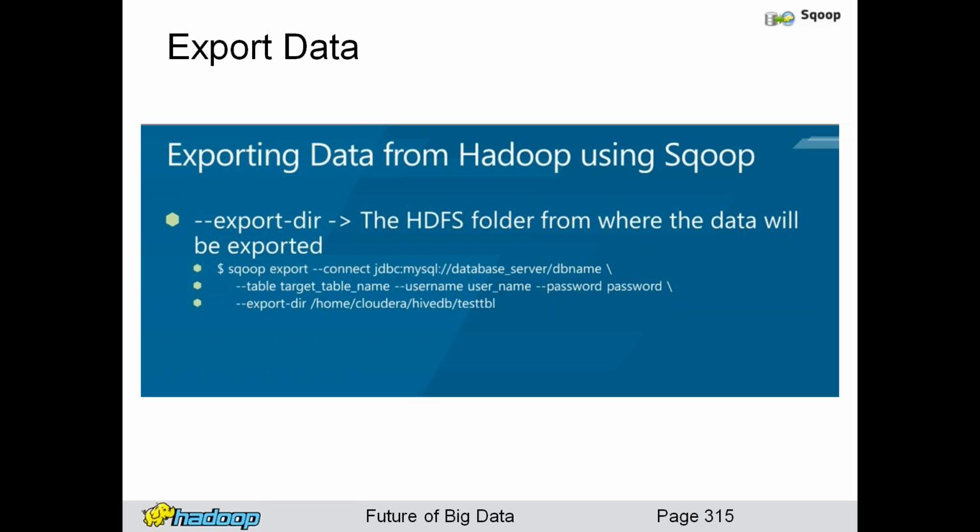Sqoop export --connect jdbc:mysql://database server/database name --table target table name. Here you are specifying the target table you are going to export to.